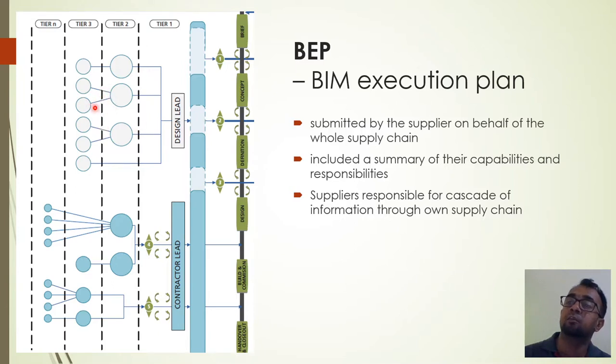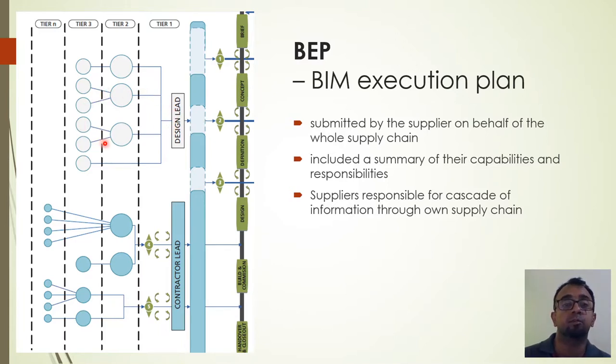However, the client will not have direct interaction with these parties, and the client will directly interact with the design lead, because that is the party the client has the contract with, and this party is therefore responsible to supply the BIM execution plan representing his total supply chain.